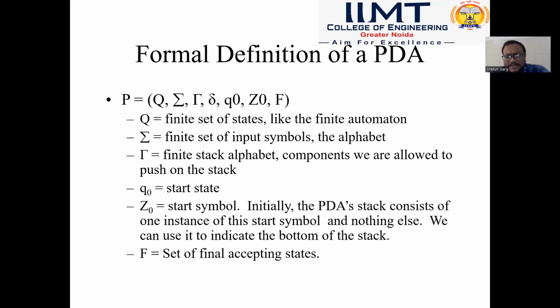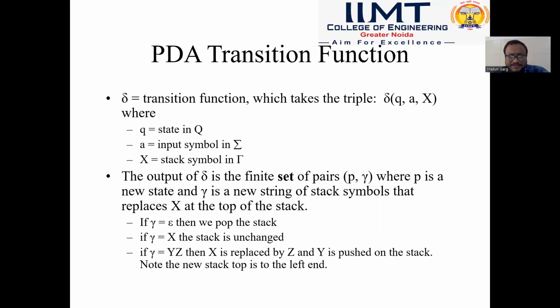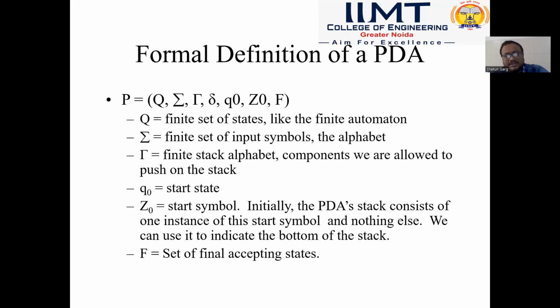Initially, the PDA stack consists of one instance of this start symbol and nothing else. We can use it to indicate the bottom of the stack. Capital F is the set of final accepting states. So there are 7 tuples: Q, sigma, gamma, delta, Q0, Z0, and capital F. In any PDA, we can define these 7 tuples.